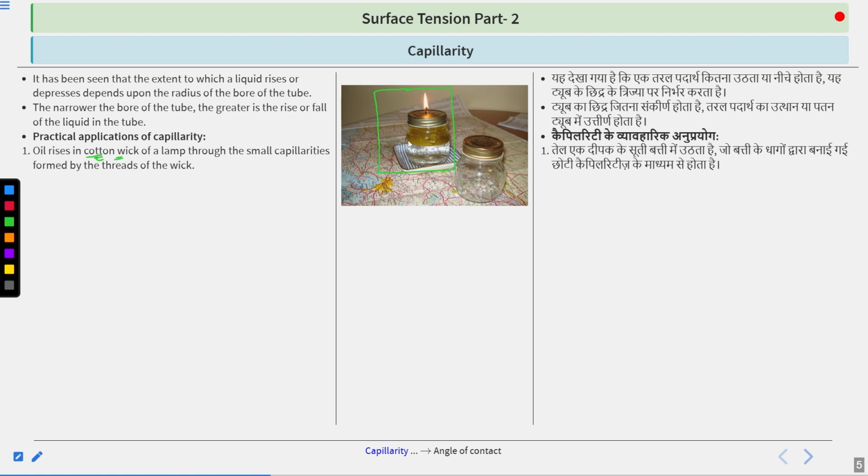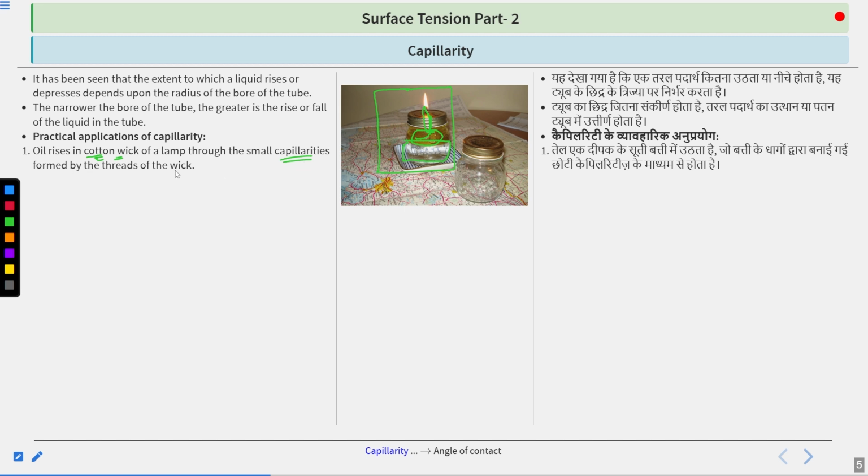First you pour the oil into the lamp, and then you put the cotton wick there and take it out like this. Have you ever wondered how the oil is supplied to the wick so that it keeps burning? It is because of the small capillaries formed by the threads of the wick.